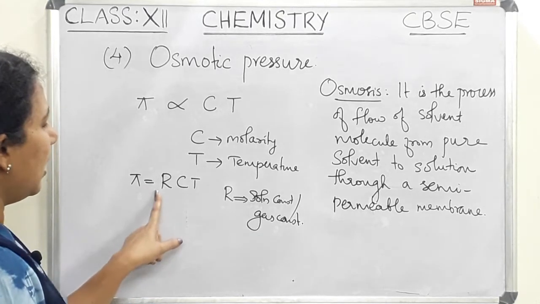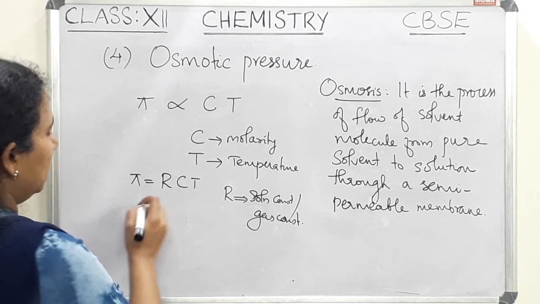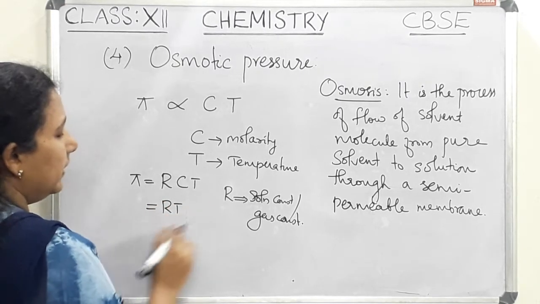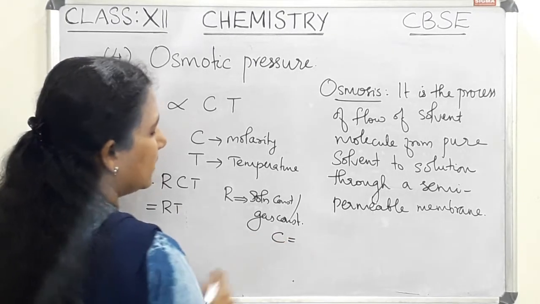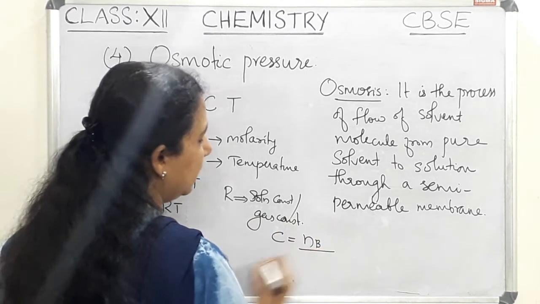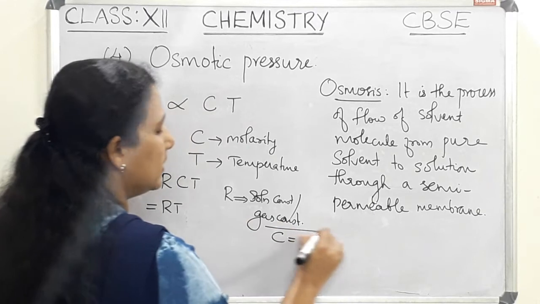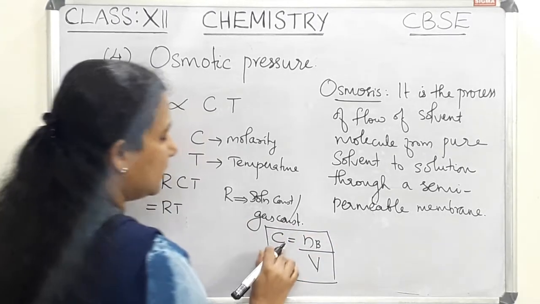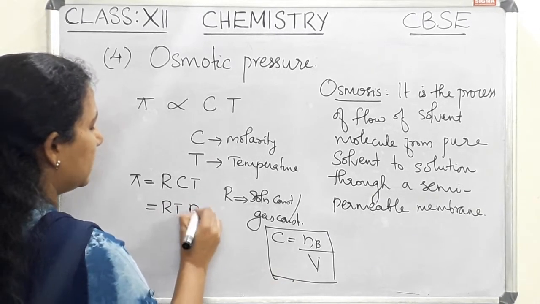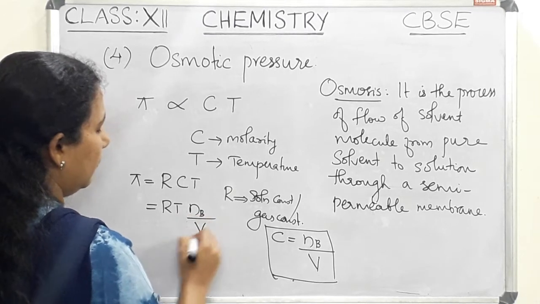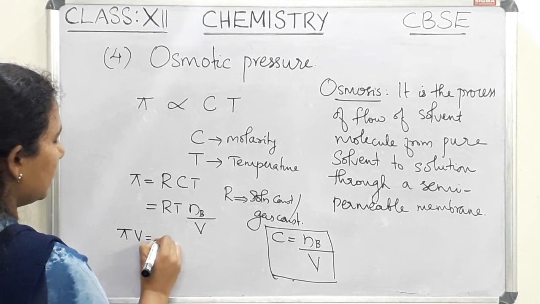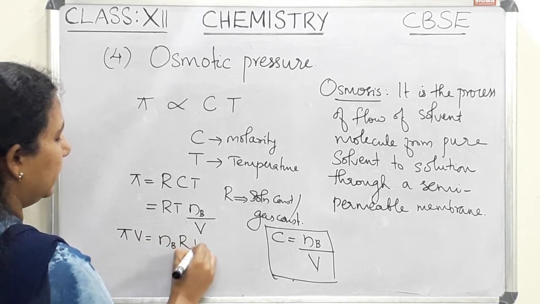So pi equals CRT. Instead of C we can write the number of moles of solute per volume of the solution, that is molarity. Molarity equals number of moles per volume of the solution, so instead of C we can write NB by V. So pi V equals NB RT.